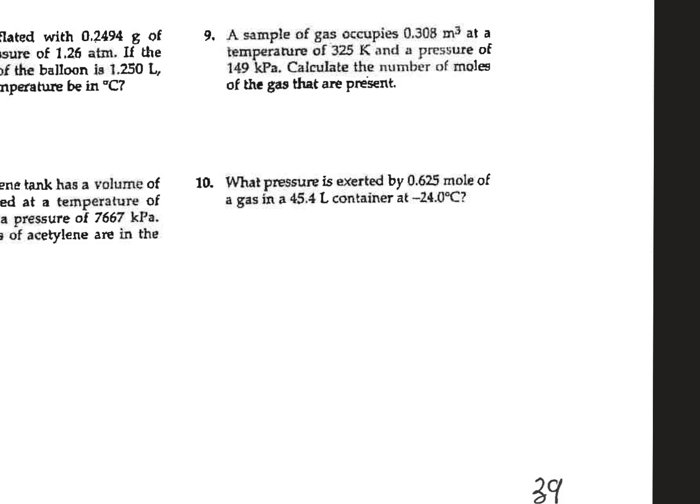Now notice they're not specifying what pressure unit we're using. We can choose whatever pressure unit we feel like using. If we want atmospheres, then we're going to need to use an R value of 0.0821 atmosphere liters per mole degree Kelvin.